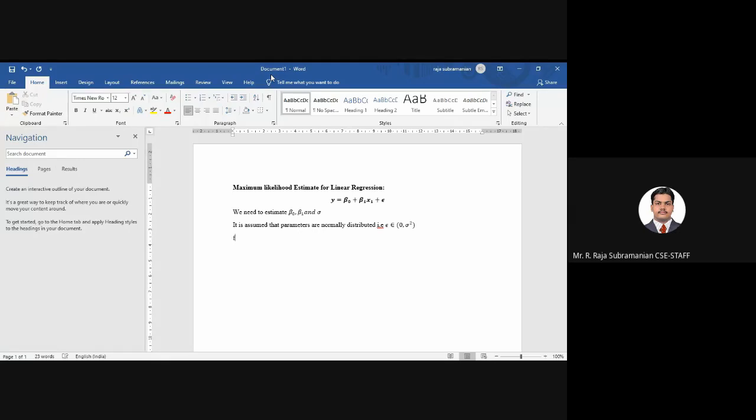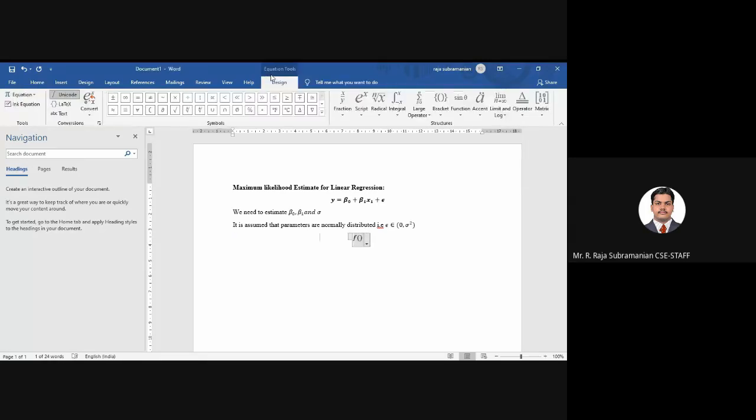So I will write f of epsilon i. There can be many terms when it is multiple linear regression, any number of error values.